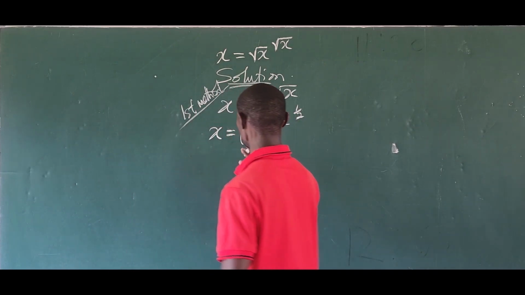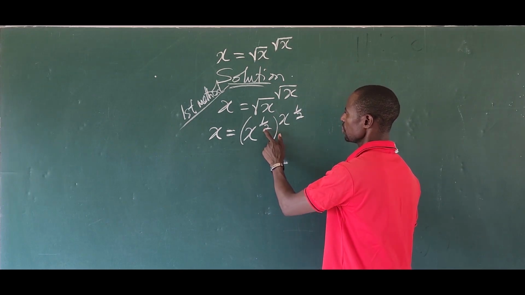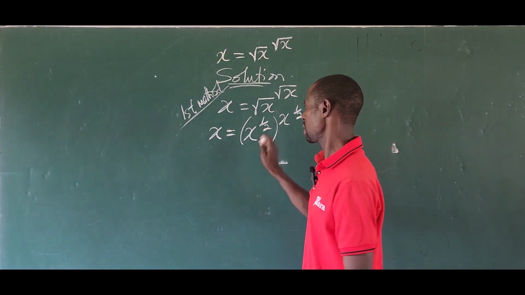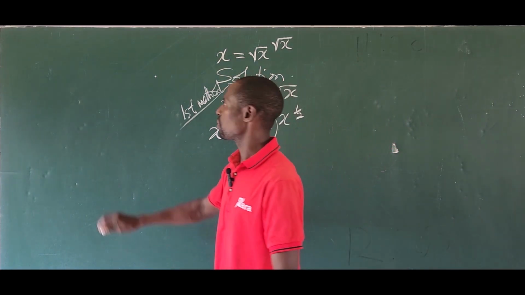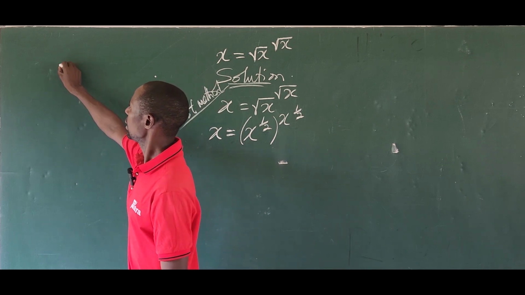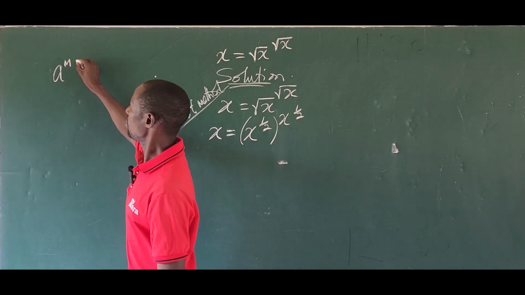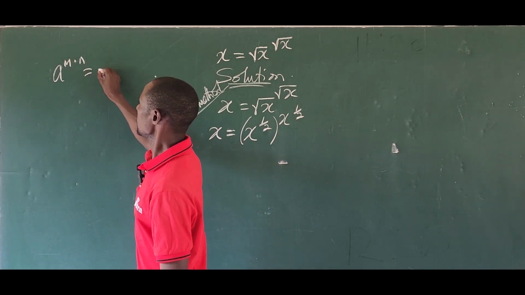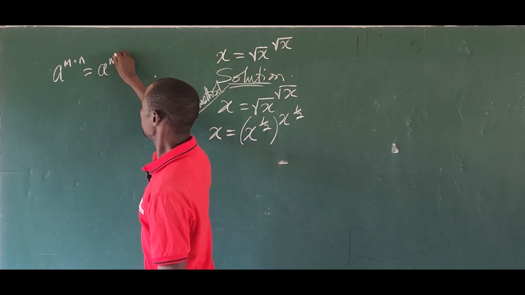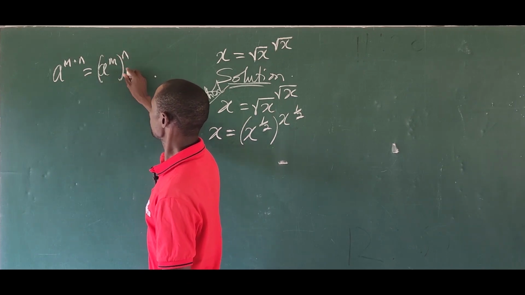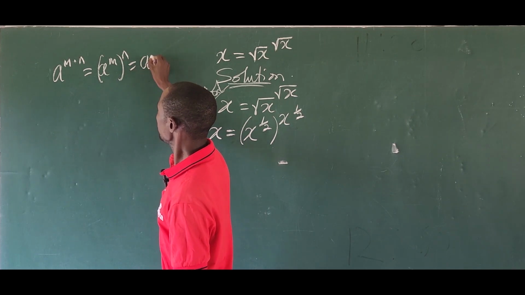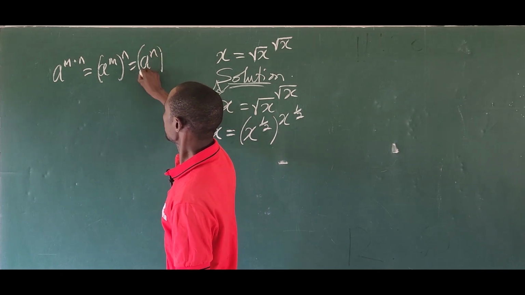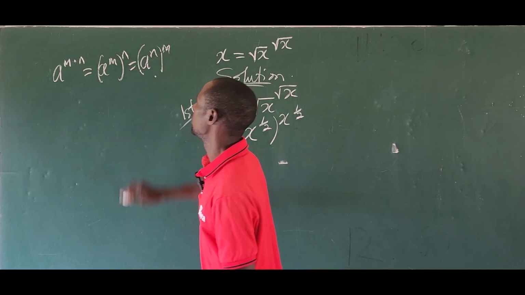Now, we can apply the law of indices here to multiply these powers, because this is a power and this is a power. The law says that when you have a raised to the power of m times n, this is equal to a to the power of m in bracket raised to n, which is the same thing as a to the power of n in bracket raised to m.